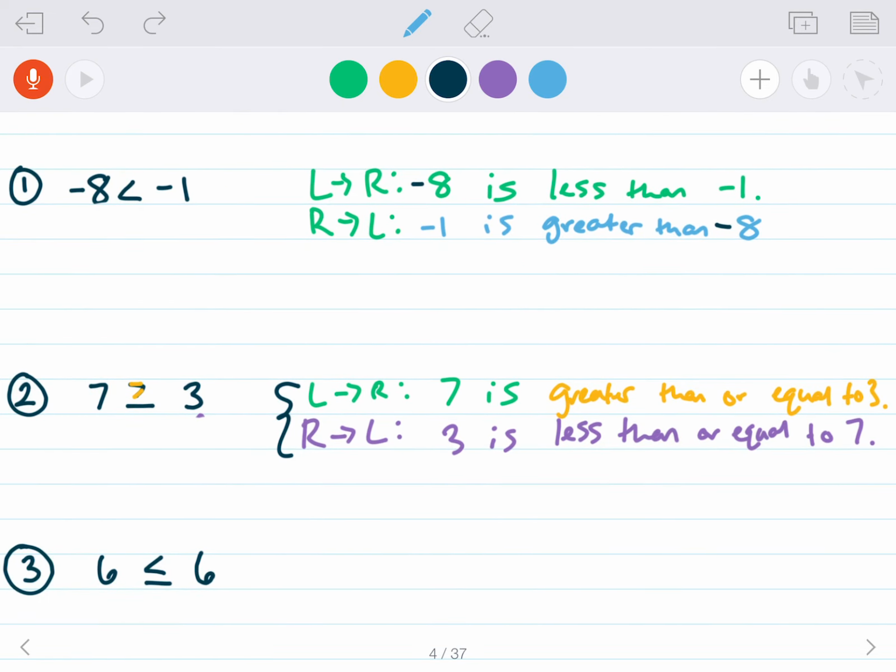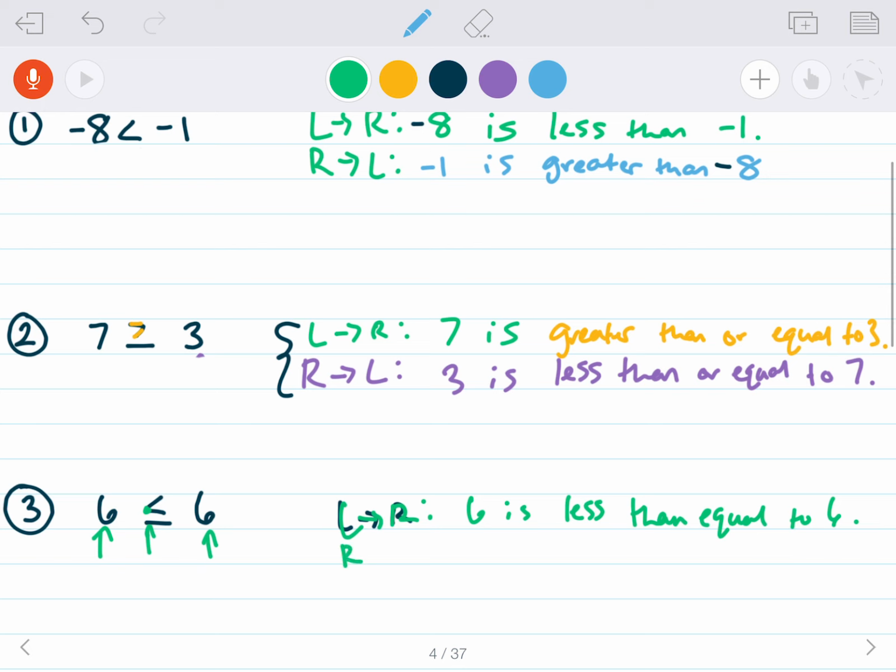Okay, how about this one? From left to right. So we have 6. So 6 is, run into a point, less than or equal to, because of the line under, 6.